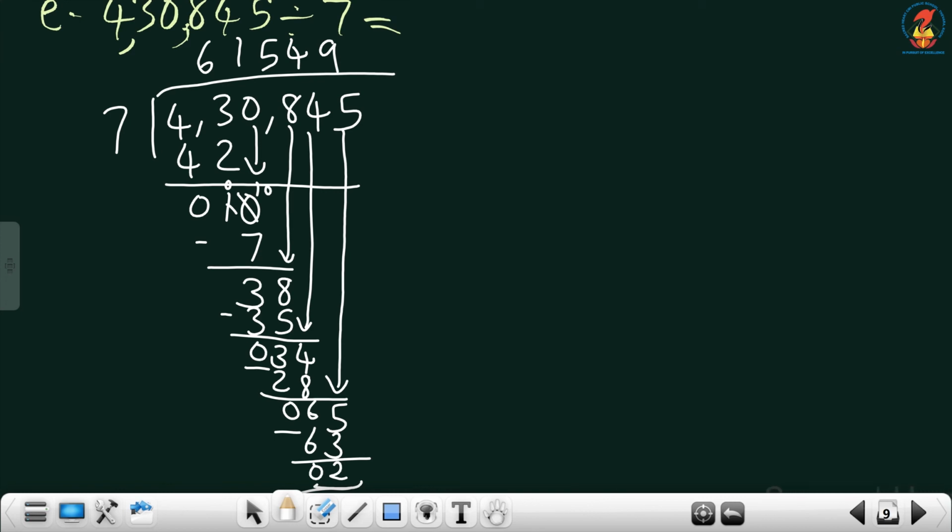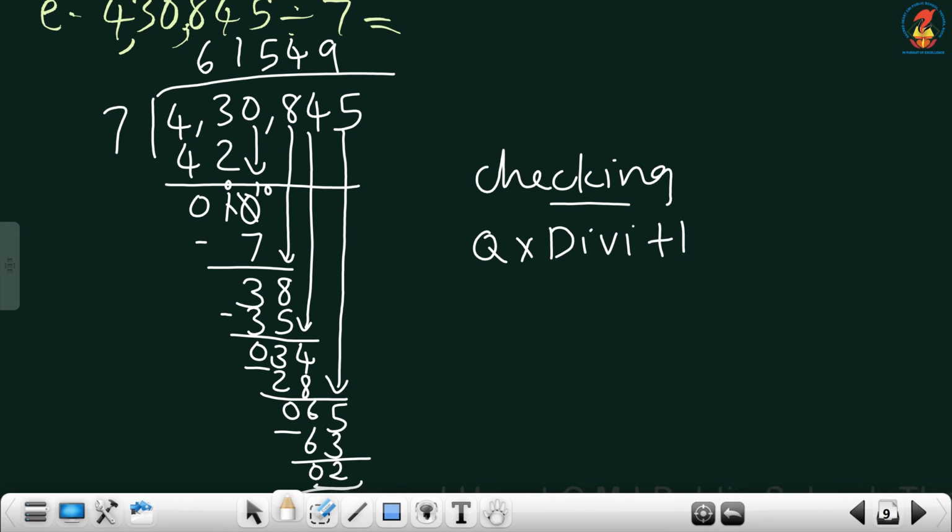Okay. And I need to check my answer. I will write checking. Checking equals quotient into divisor plus remainder. The quotient is 6149 into 7.